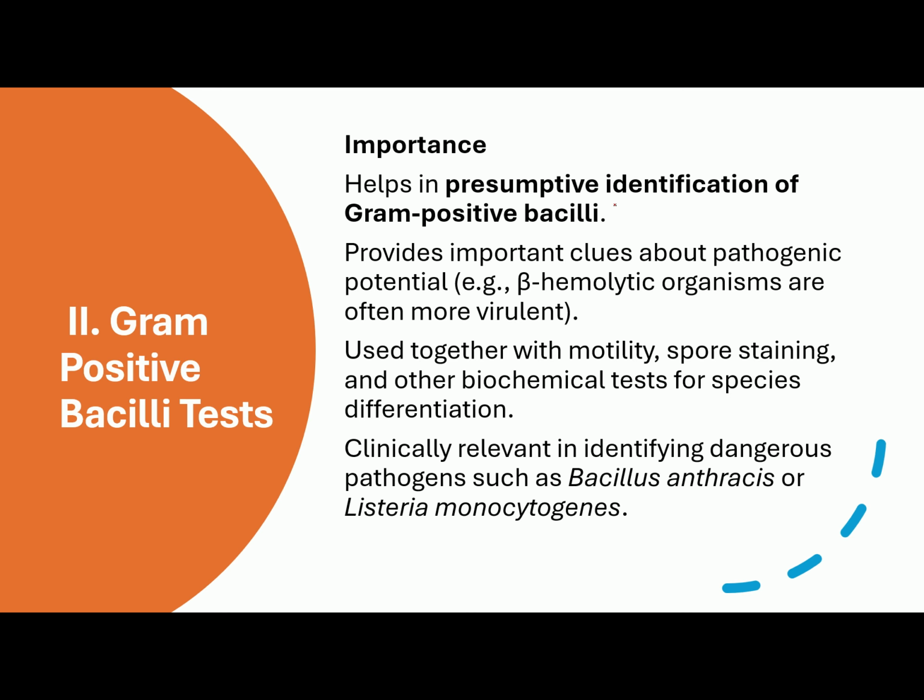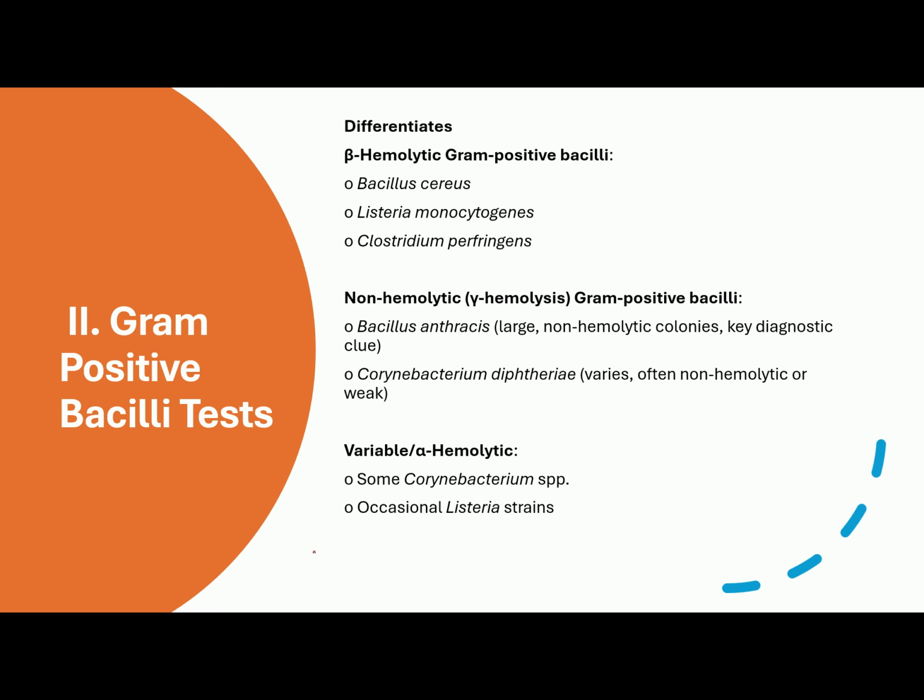It helps in the presumptive identification of gram-positive bacilli, and is clinically relevant in identifying Bacillus anthracis or Listeria monocytogenes. Here are the results. If it's beta hemolytic, it's usually Bacillus cereus, Listeria monocytogenes, and Clostridium perfringens. If it's non-hemolytic, we have your Bacillus anthracis and Corynebacterium diphtheriae.